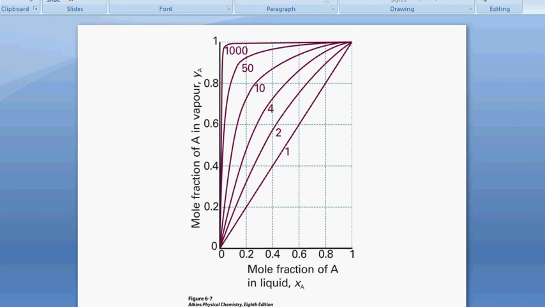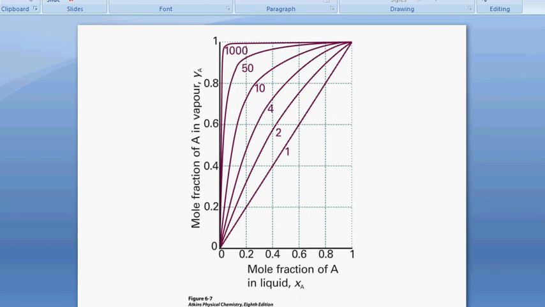So as I go to larger values, A becomes more and more volatile compared to B. When it's 1, then both are equally volatile, and then XA should be equal to YA.